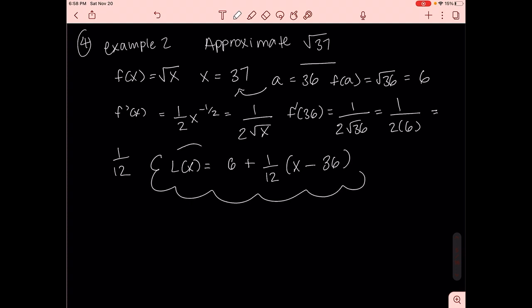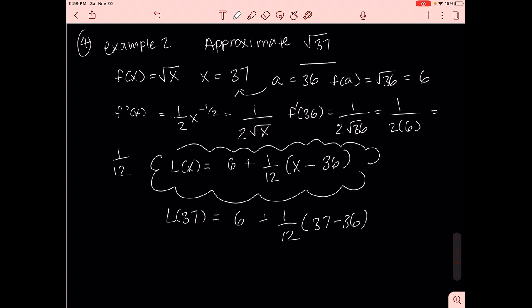So now our final step would be to approximate the square root of 37. So we're going to plug in 37 to this function right here, where x is. So L of 37 is equal to 6 plus 1 over 12 times 37 minus 36. And that's going to be equal to 6 plus 1 over 12 times 1.